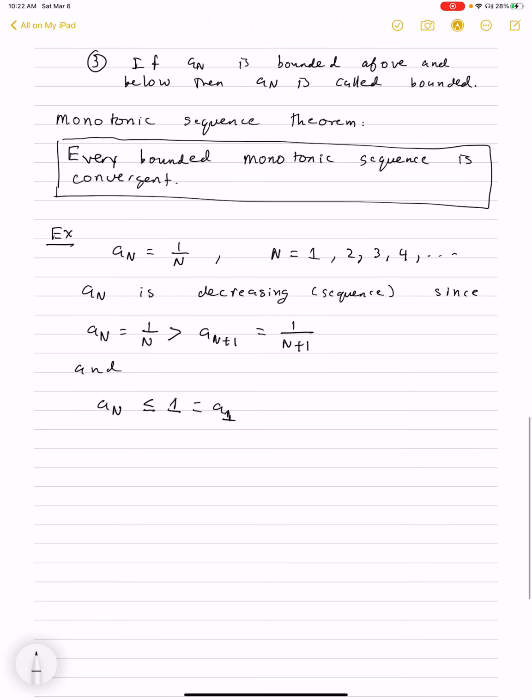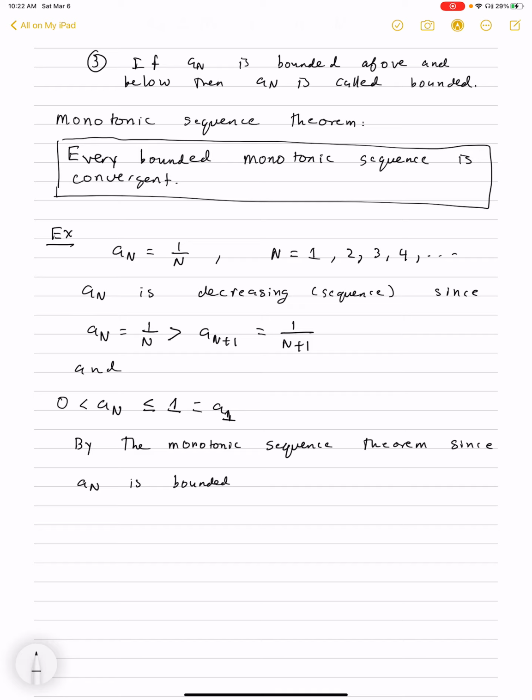Now by the monotonic sequence theorem, since a sub n is bounded above, and it's also bounded below because a sub n always has to be positive.